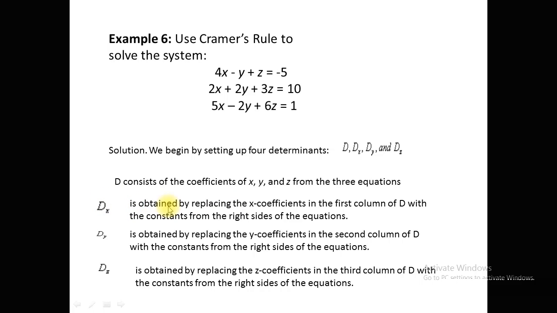Dx is obtained by replacing the x coefficients in the first column of D with the constants from the right sides of the equations. Similarly, Dy is obtained by replacing the y coefficients in the second column of D with the constants from the right sides of the equations, and Dz is obtained by replacing the z coefficients in the third column of D with the constants from the right sides of the equations.